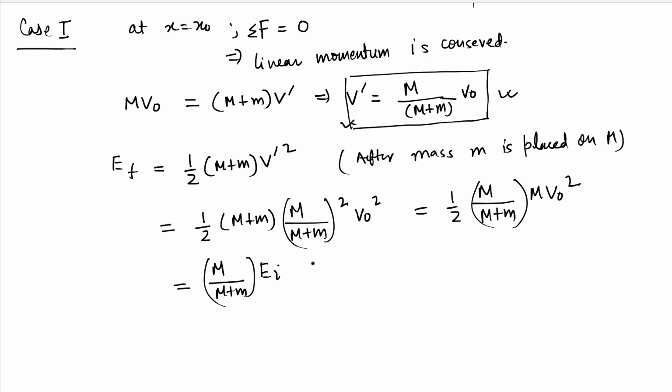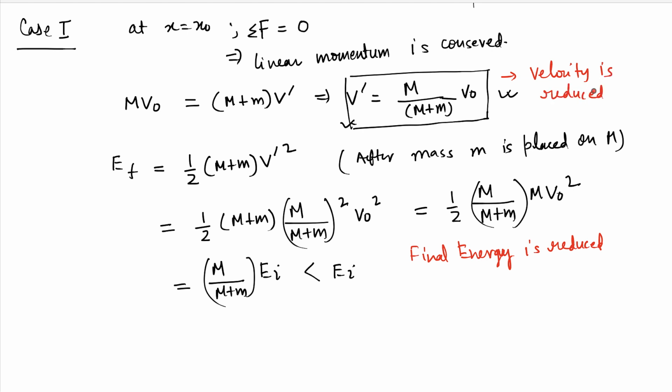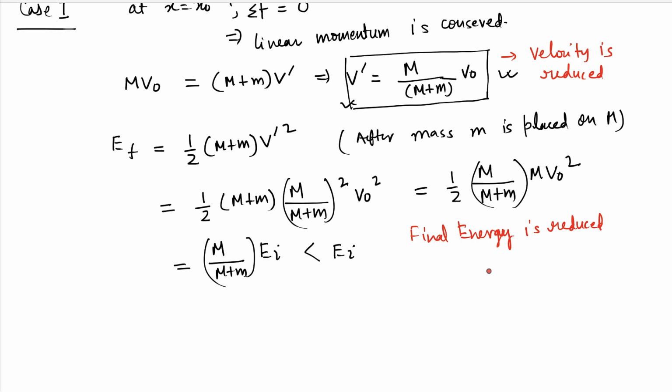So this is definitely less than EI, right? So final energy is reduced, right? From here we can clearly state that velocity is also reduced, right? So where is this energy being used?